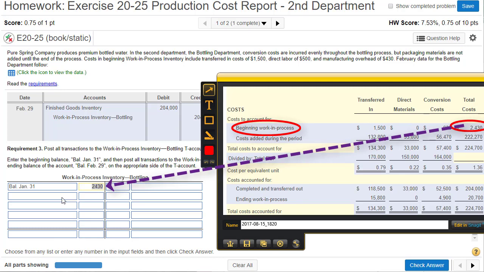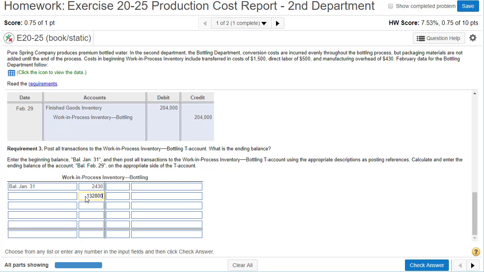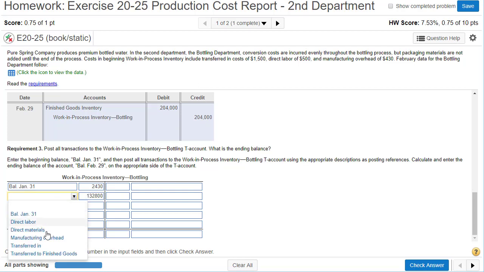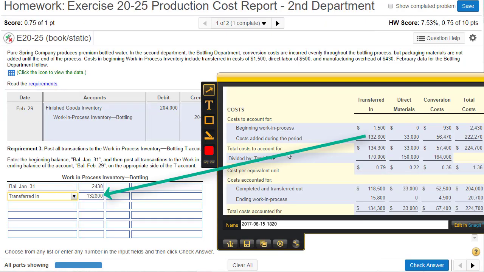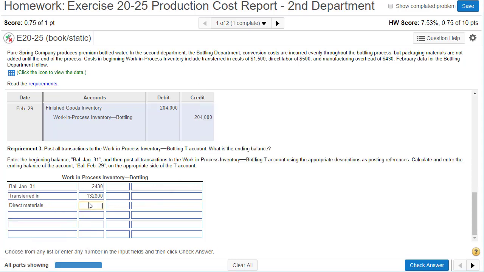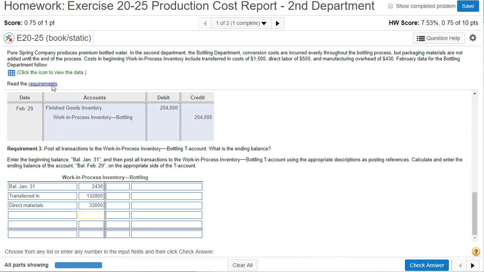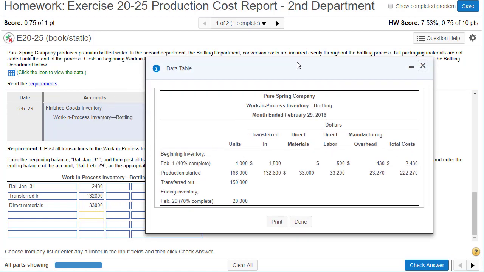Now we need our costs that were added. So here's our costs that were added. So we got transferred in units, 132,800. Next, after transferring in, we got direct materials, 33,000. Next, we have our conversion cost. Now, they want more detail than just the 56,740. So for this detail, we need our extra information.